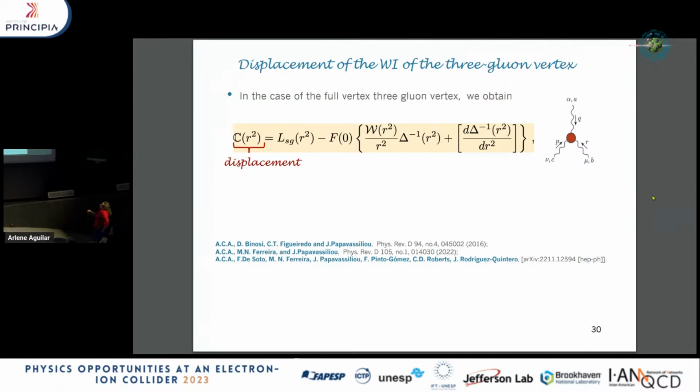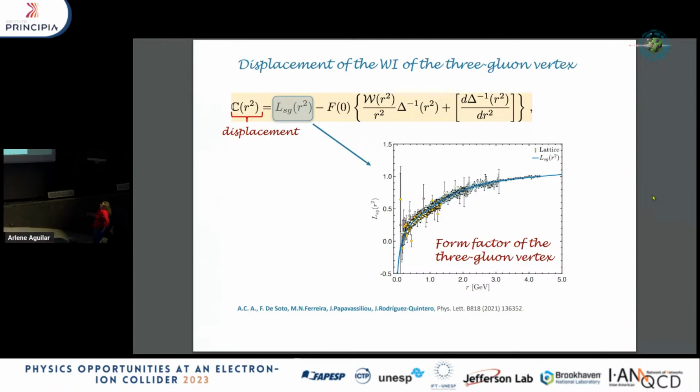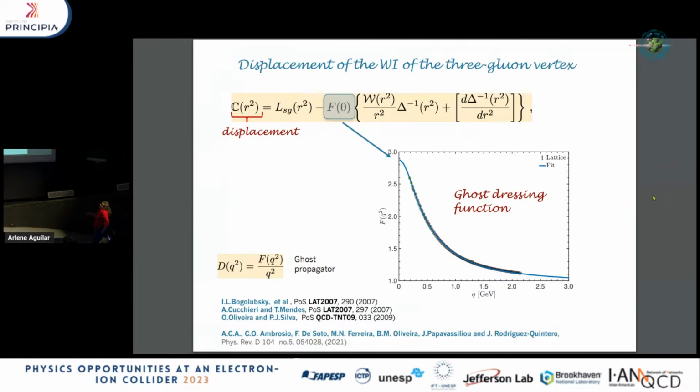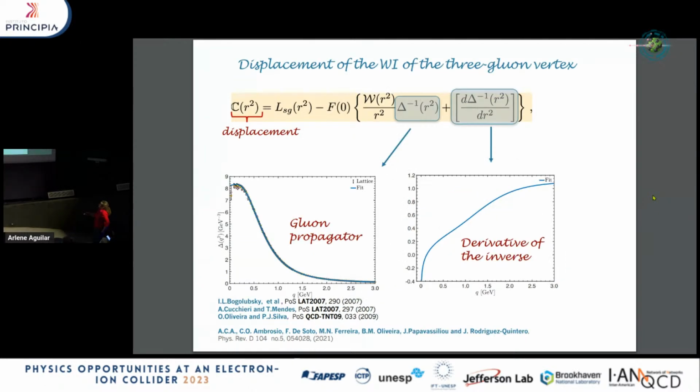What happens in QCD? In QCD, it is not a Ward identity, but the Slavnov-Taylor identity, so it's more complicated. So the displacement can be expressed in terms of this expression here. This is a form factor of the three-gluon vertex in the soft gluon limit that is computed. This is the dressing of the ghost propagator in the zero limit that also is computed on the lattice.